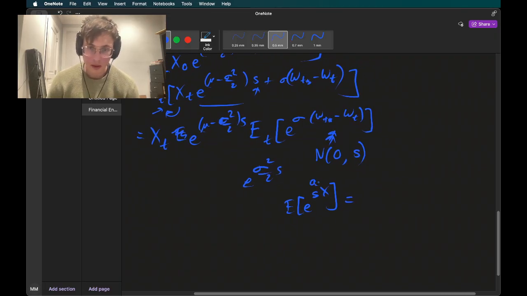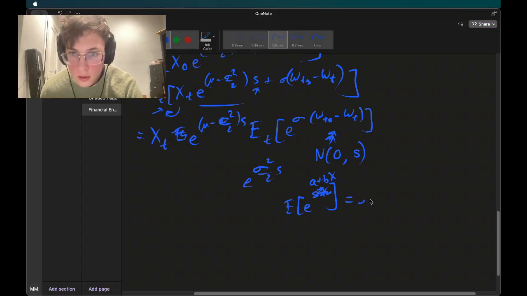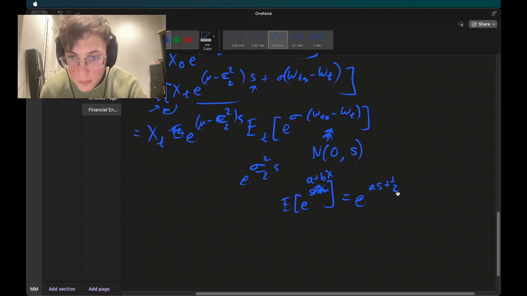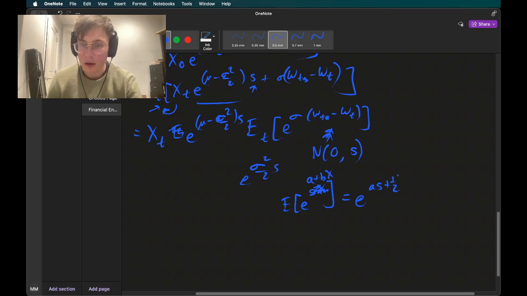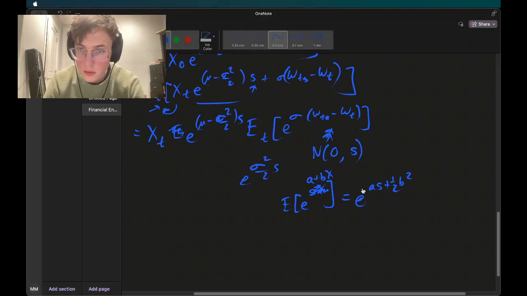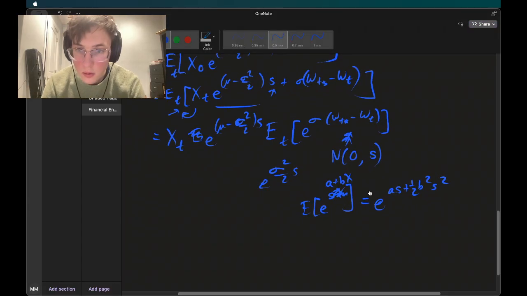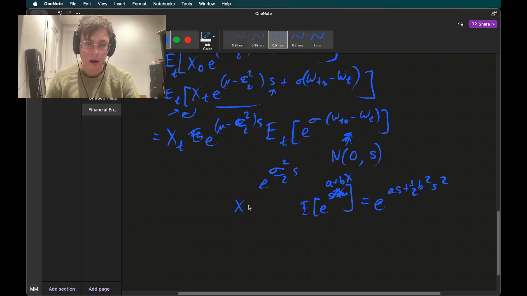technically a plus bx, let's just say that, where x is a random variable, is equal to, let me see, e to the a s plus 1/2 b squared s squared.